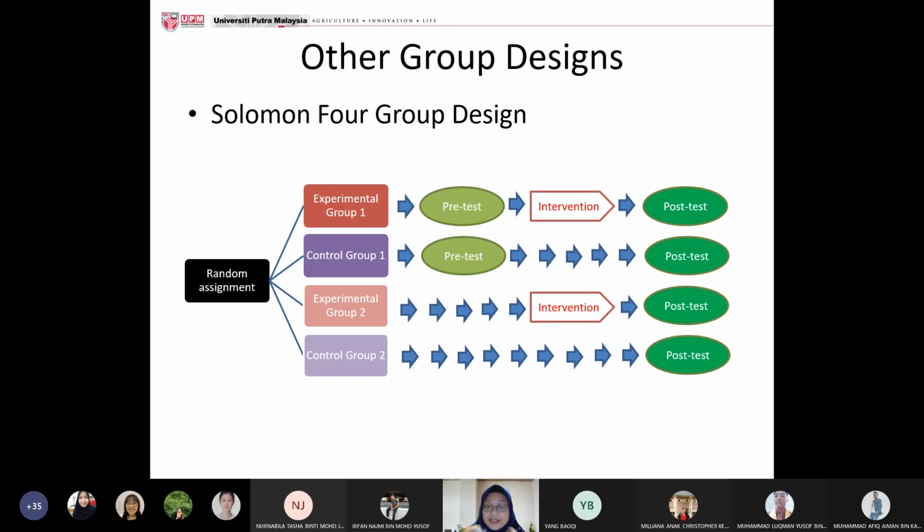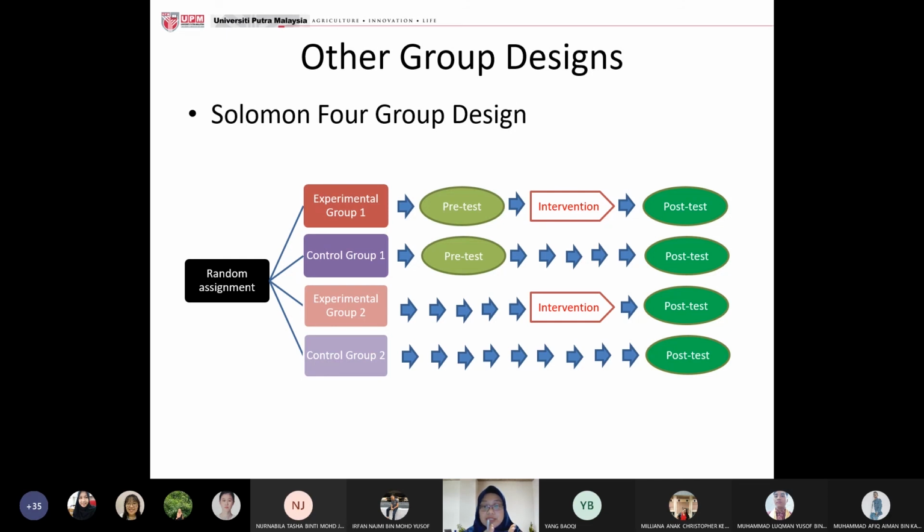In that way, they already know about 3R, whereas before they didn't know anything. So that will introduce bias into your design. That's why they have these two experimental and control groups. In the next two, they don't do any pretest. The experimental group just directly undergoes the intervention. And the last control group doesn't do anything except for the post-test.